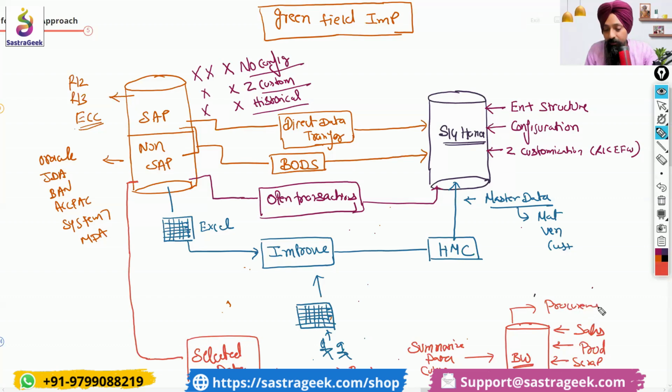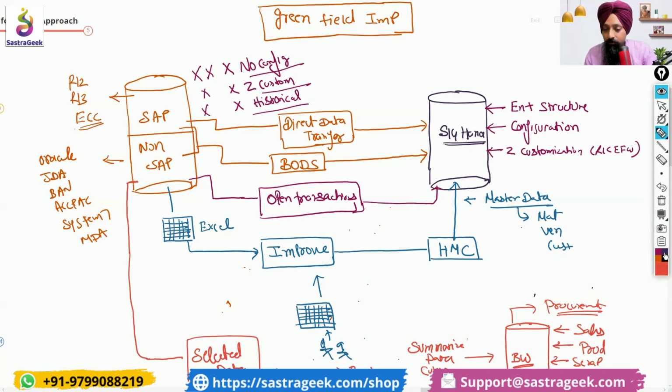I'm not interested in the particular purchase order numbers, but I need summarized data so that I can compare it and do my reporting and strategic decisions. I would be able to do that for my legacy data also. For that purpose, this summarized data, we bring it to the BW.